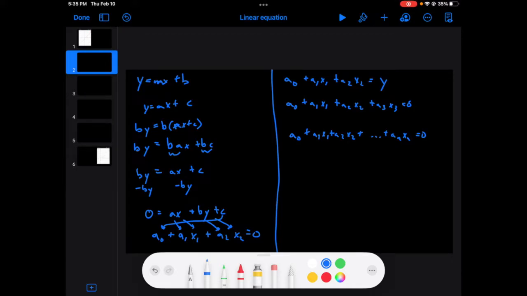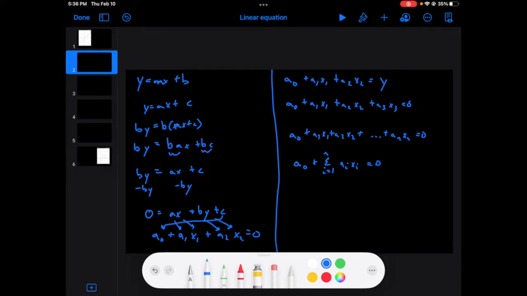Or if we want to be more concise with our notation, we could say a naught plus the sum from i equals 1 to n of a sub i x sub i is equal to 0. And that's great. You might see something like that in a lot of maybe linear algebra books.